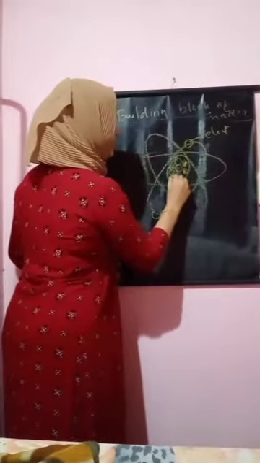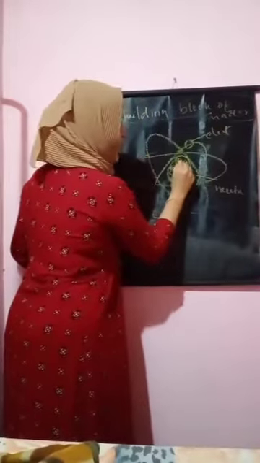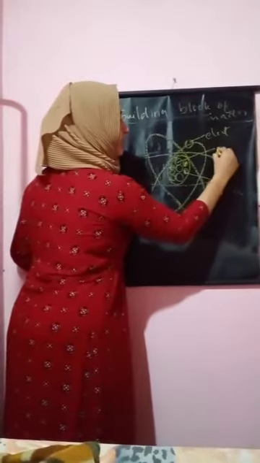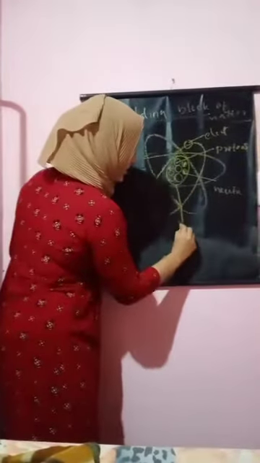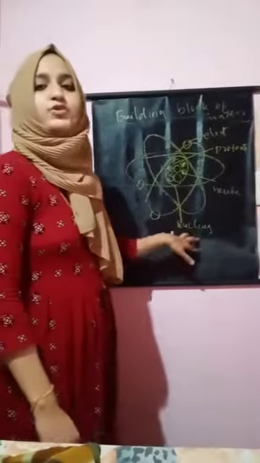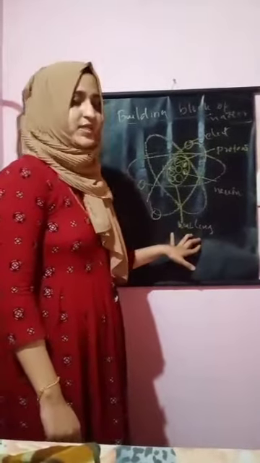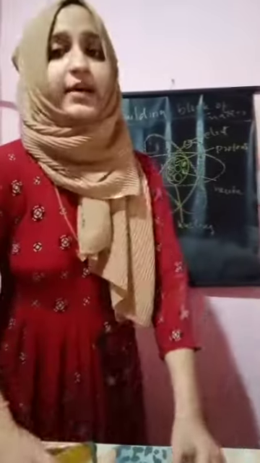These colored ones are the neutrons. This uncolored one is the protons. And this is the nucleus. And also one important thing about the electron is that it will tell us when a particular substance is stable or unstable.